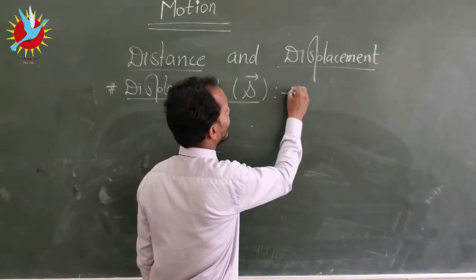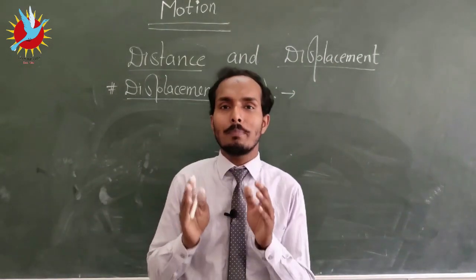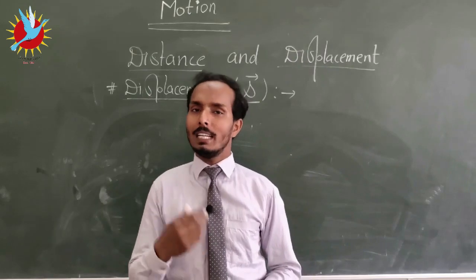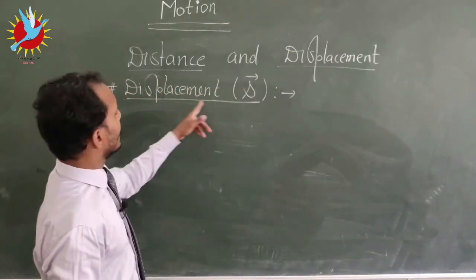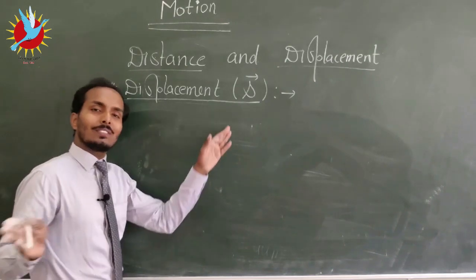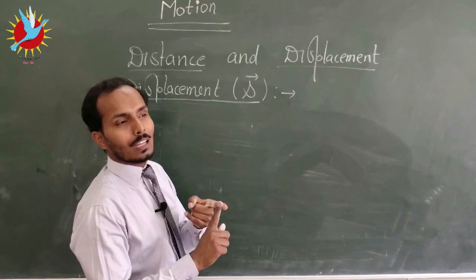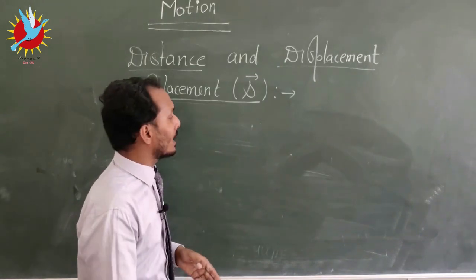What is the meaning of vector quantity? Displacement is a vector quantity, which means it has magnitude as well as direction. It also depends upon direction: a numerical value plus some direction.